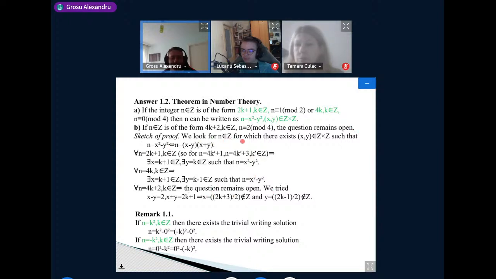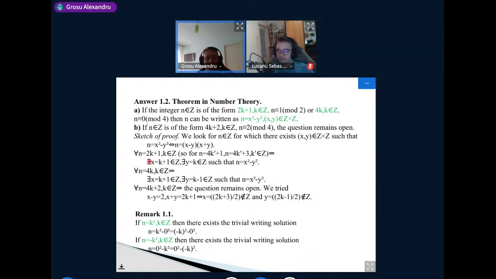We look for an integer n for which there exist x and y integers such that n equals x minus y, x plus y. So whatever n equals 2k plus 1, there will exist x equals k plus 1 and y equals k integer, such that the condition is true.